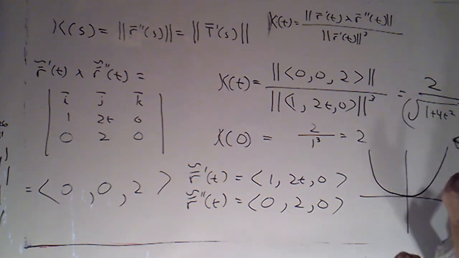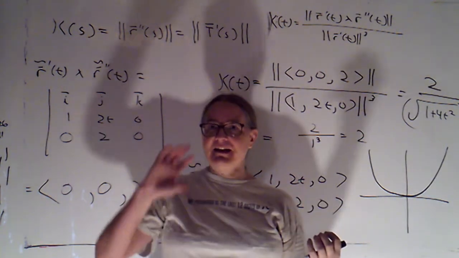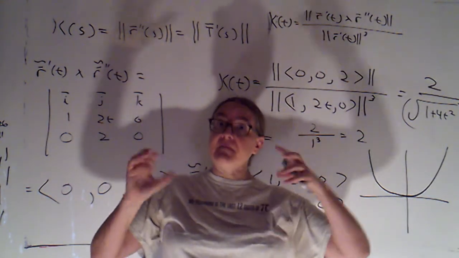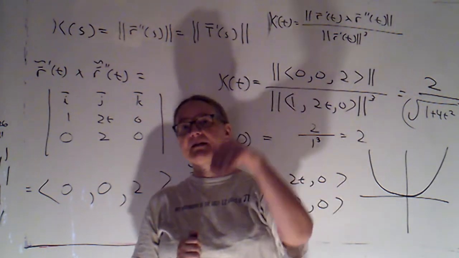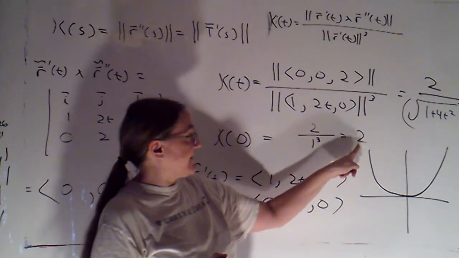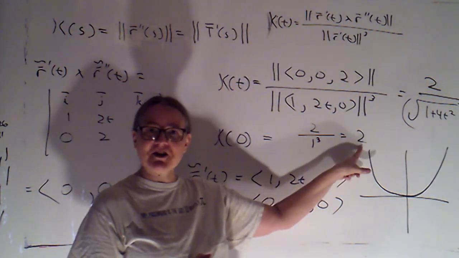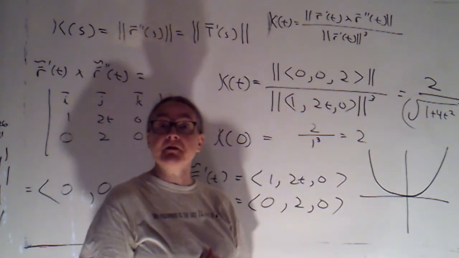Because remember, for a circle, the radius of the circle and the curvature are related by a reciprocal relationship. The curvature of a circle is the reciprocal of the radius. And so if that's the curvature, that matches the curvature of a circle of radius 1/2. Kind of interesting.